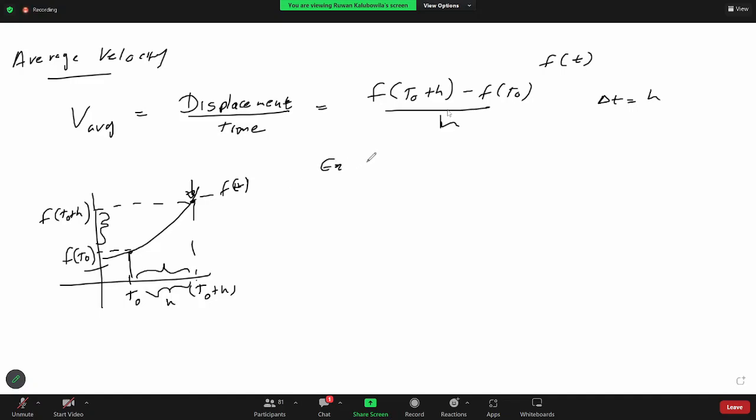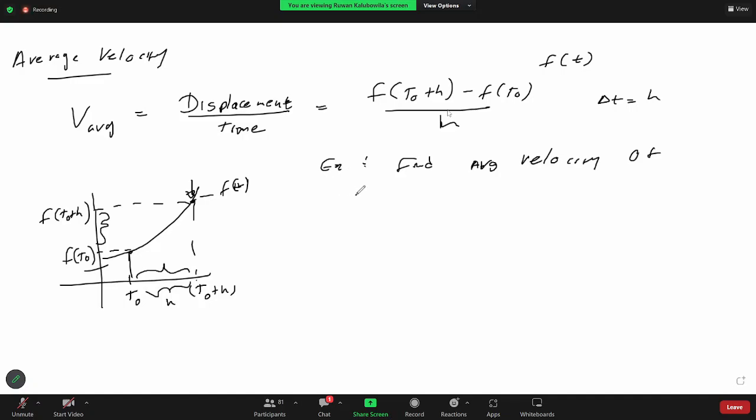So let's take a very simple example. Find the average velocity of this function.